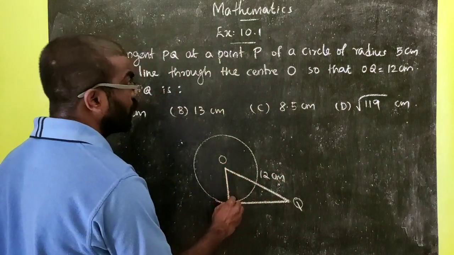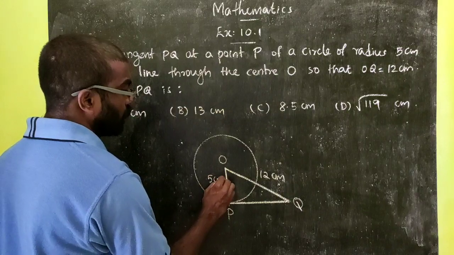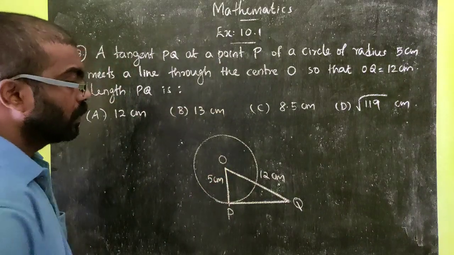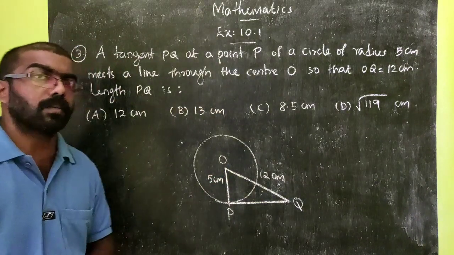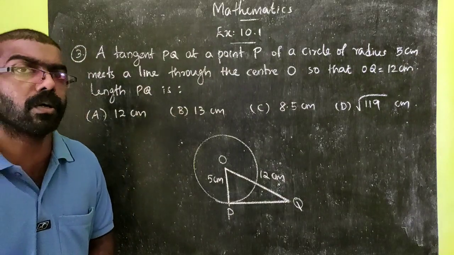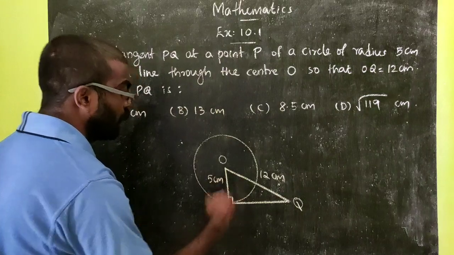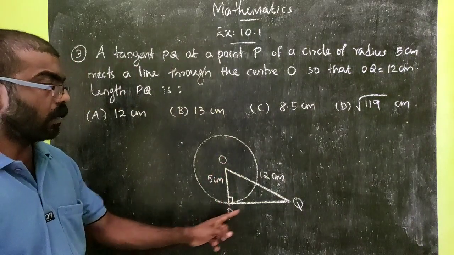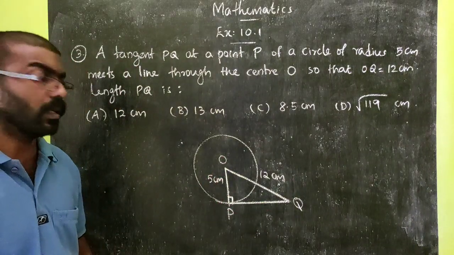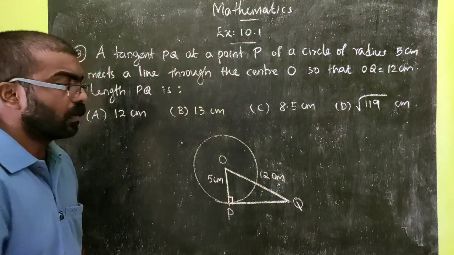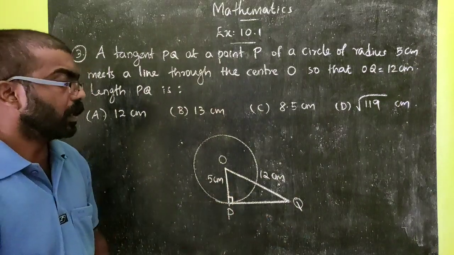Radius is given as 5 centimeter. By theorem 10.1, we know tangent is perpendicular to the radius through the point of contact. So here P is the point of contact. Here we can mark 90 degree. Angle OPQ is equal to 90 degree. Now from this right triangle we can find the length PQ.